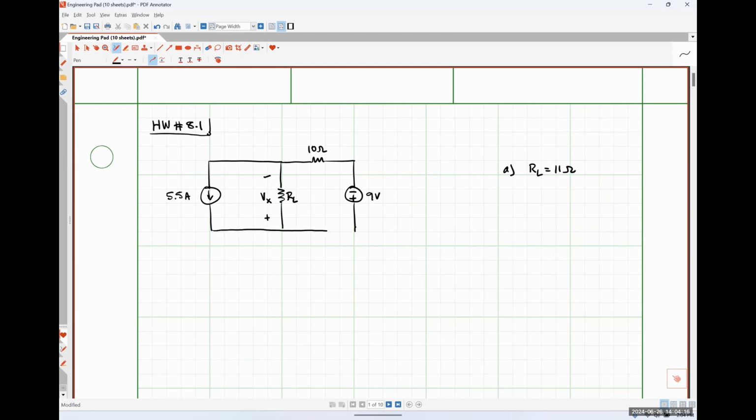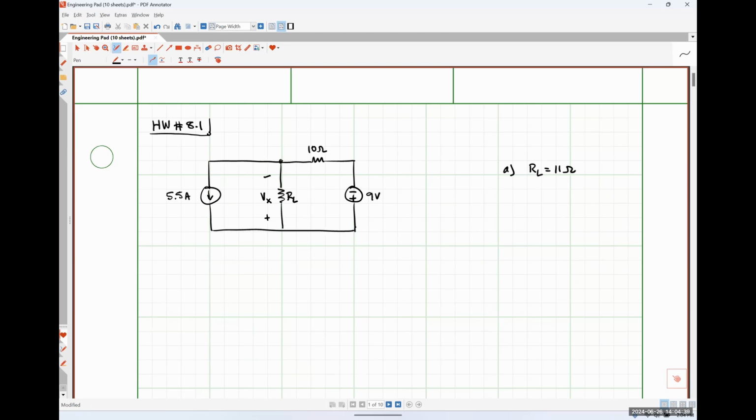So I believe I have drawn the circuit correctly here. In part A, we are asked if RL is equal to 11 ohms, we want to find Vx and the power supplied by the 9 volt source. Okay.